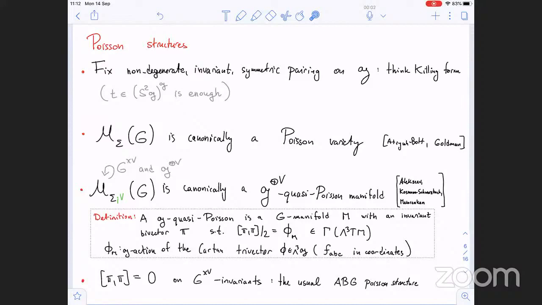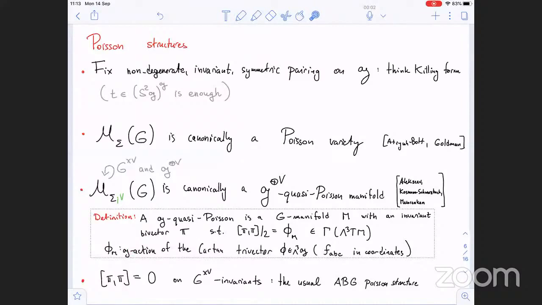So it's a manifold with a G action. You want the bivector to be invariant under this G action. Okay, sorry. In this equation, I need to tell you what this trivector is, and it's the G action of the trivector phi, which you have in the third wedge.